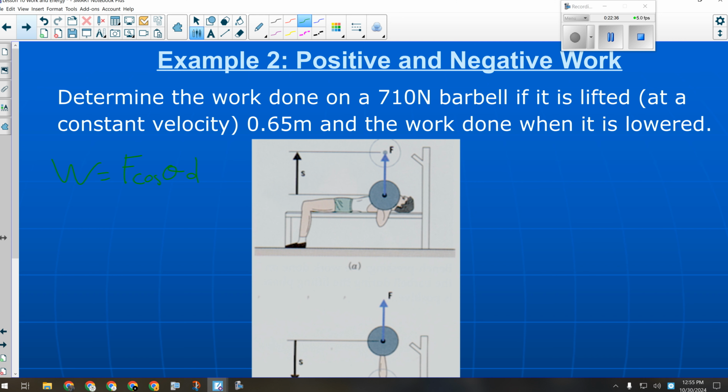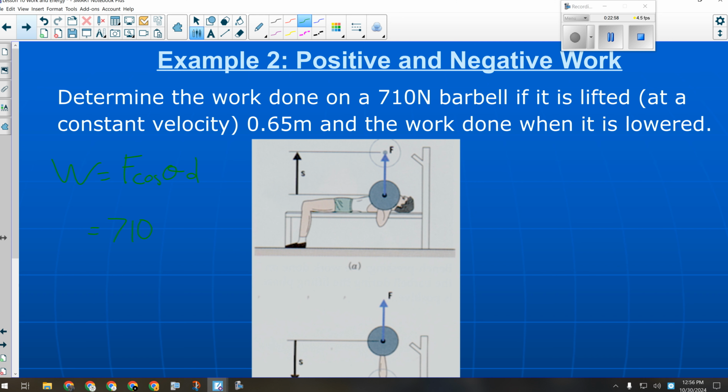What is it? If I want to push the barbell up at a constant velocity, how much force up do I have to exert? 710 newtons, right? Constant velocity means it won't accelerate. I have to push with the same amount of force that gravity pulls on it with. So I would exert 710 newtons worth of force.